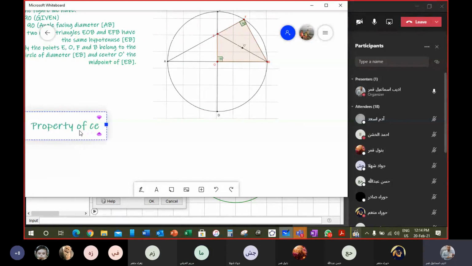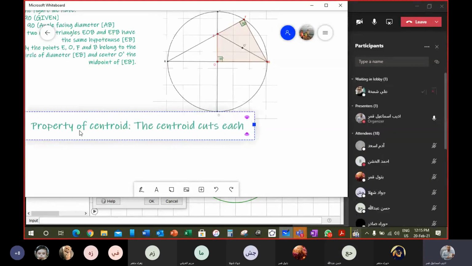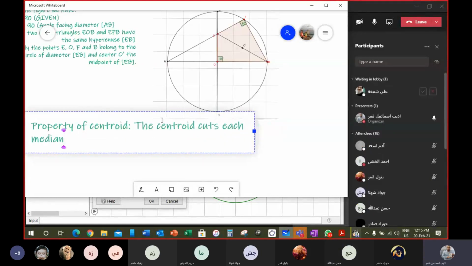Property of the centroid. I will write it for you as a note.